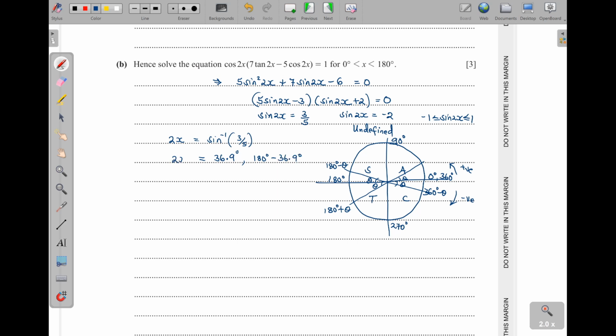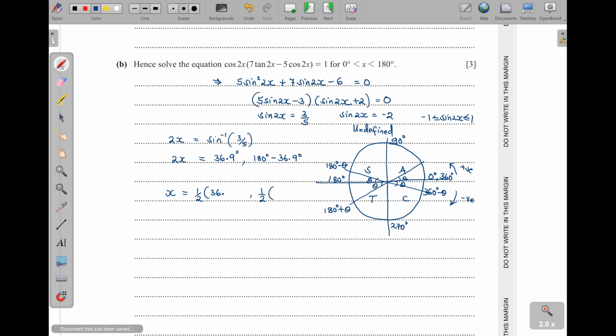That will be the 2x. But what will be x? It will be a half of this 36.9, and also a half of this one here. Actually, I'm going to leave this one to 2 decimal places. Since I'm going to divide by 2, I'm supposed to round off at the end.